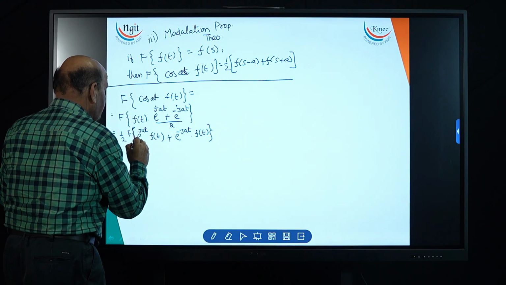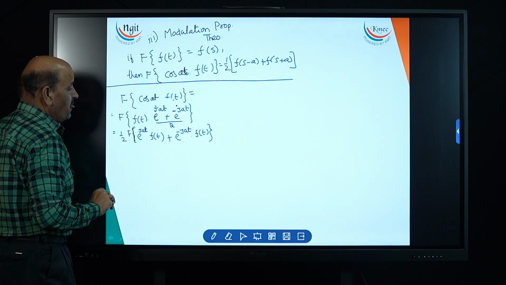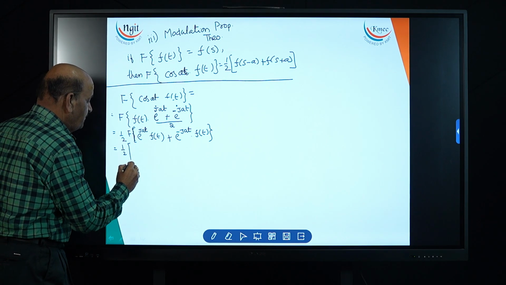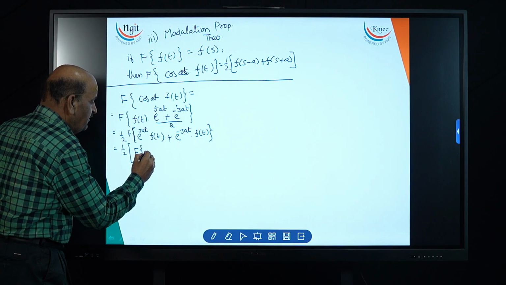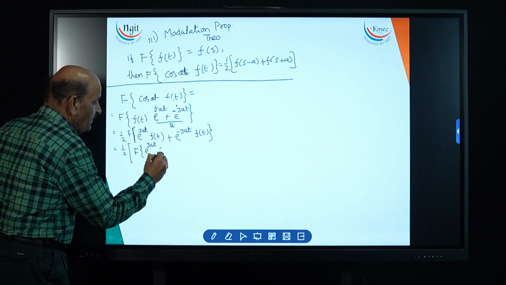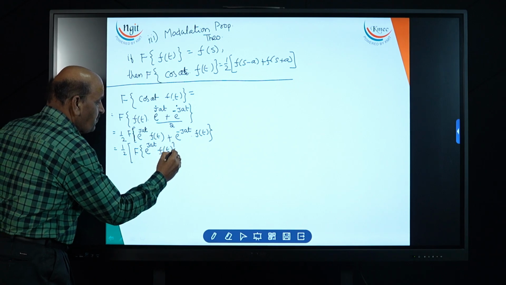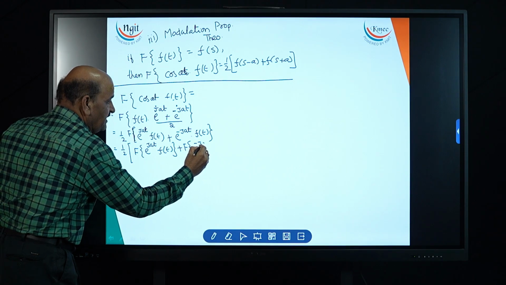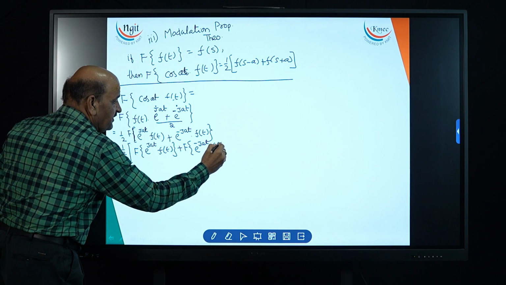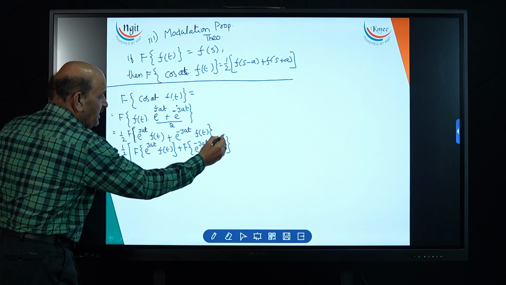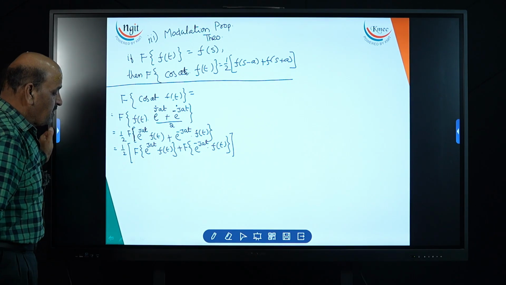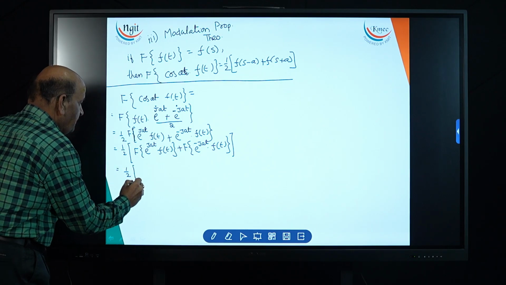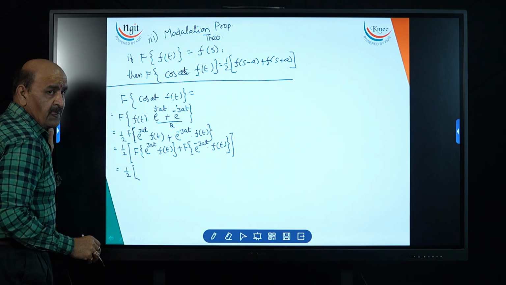You can make it like this. Understanding? Now this is equivalent to half of the Fourier transformation of e power j a t into f of t plus the Fourier transformation of e power minus j a t into f of t. Now what is the shifting theorem?